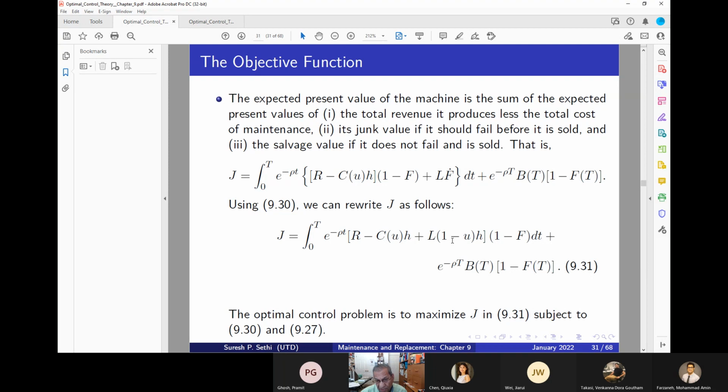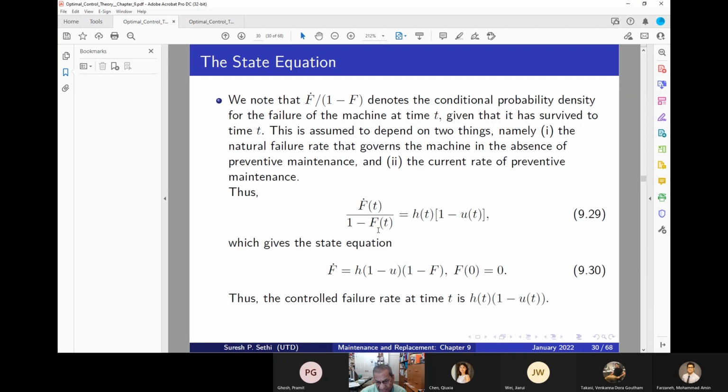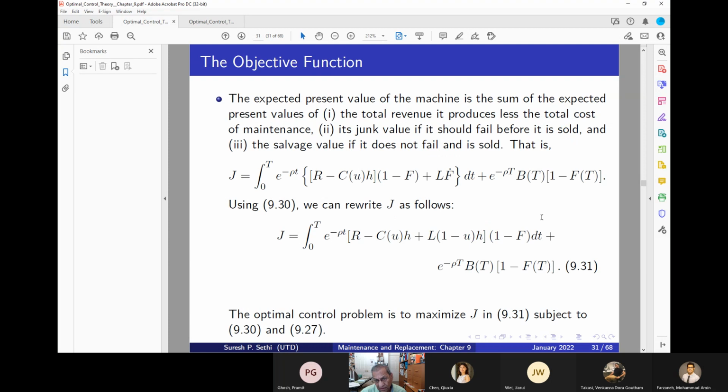So all of that is good, but notice I find the control all the way from 0 to T, but I only exercise that control up to the time when the machine fails. After it fails, the maintenance that I plan to do is not going to be done. Even though it tells you what u star t is after it breaks down, we're not integrating that here.